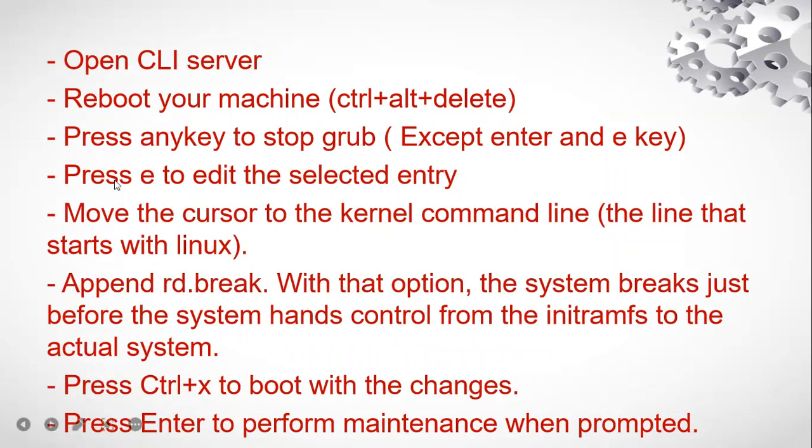Then press E to edit the selected entry. We have to press the E key to edit the kernel. Then move the cursor to the kernel command line that starts with Linux. We have to move our cursor to the Linux line and add something called rd.break. Append rd.break with that option. Then Control X to boot.